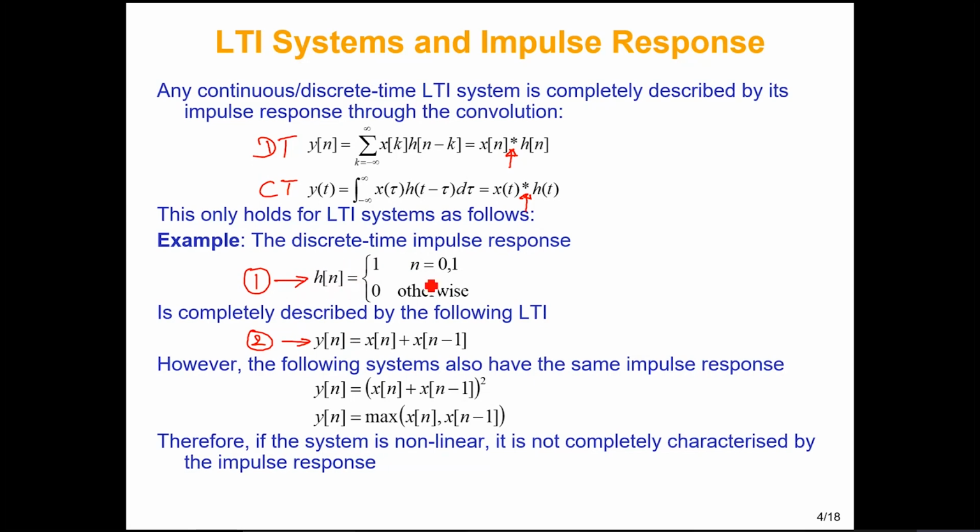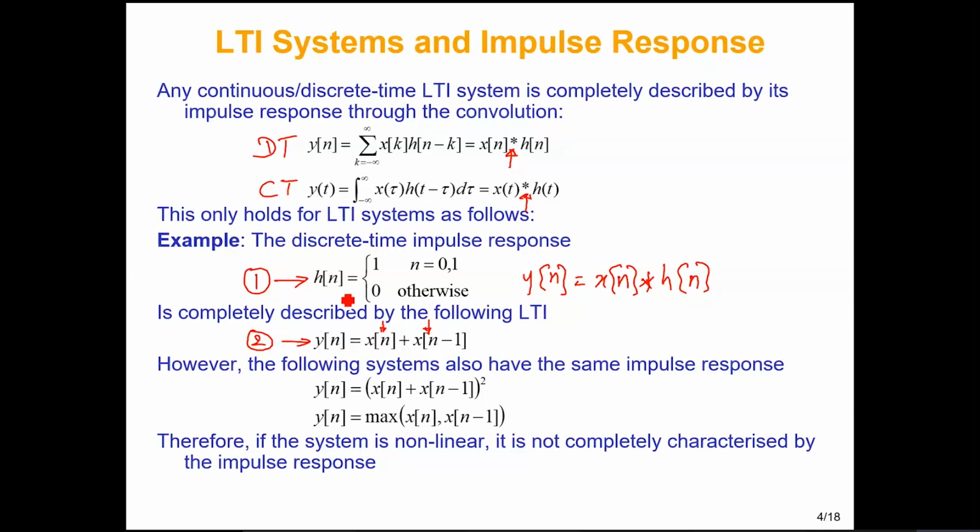If we are given h of n, then we find the output for any given input using the convolution sum. It is just the convolution of x of n with h of n. Similarly, if we are given a difference equation, we can plug in the value of x of n and find the output for any given input.